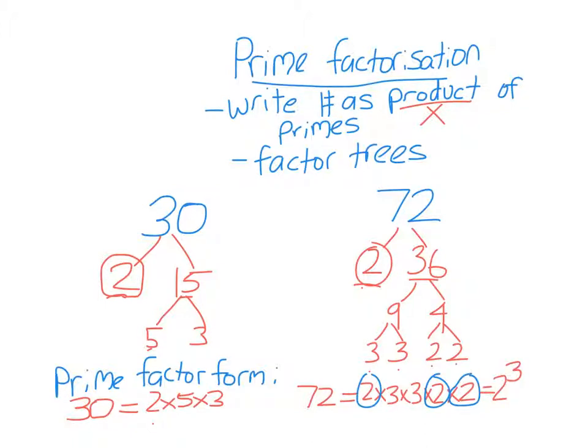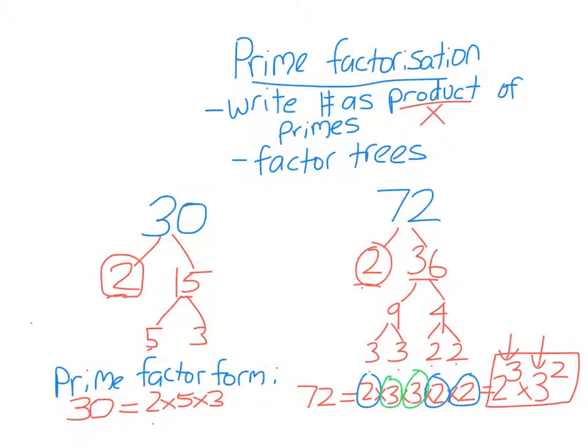That means I times 2 by itself 3 times. And 3 times 3 is the same as 3 to the power of 2. So this is how you write it properly in index form. 72 is 2 cubed times 3 squared, or 8 times 9. But see, there's only prime numbers. 2 and 3 are prime numbers.